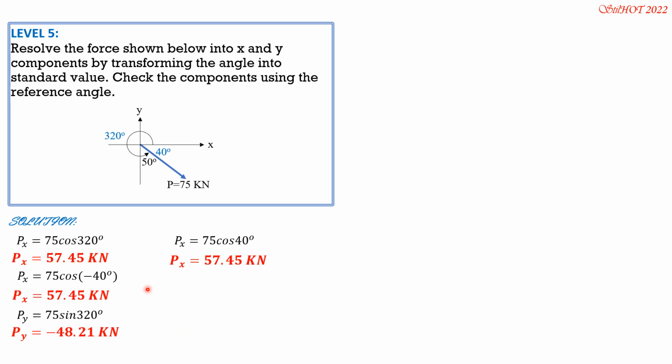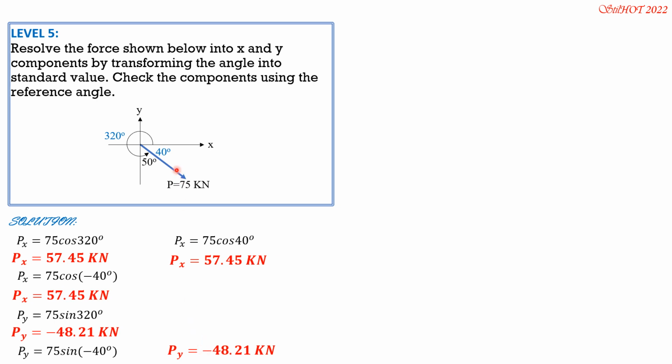So Py is negative 48.21. If you use the 40 degrees clockwise, it is 75 sine of negative 40. Fy is also 75 sine of negative 40. So Py is negative 48.21 kilonewtons.